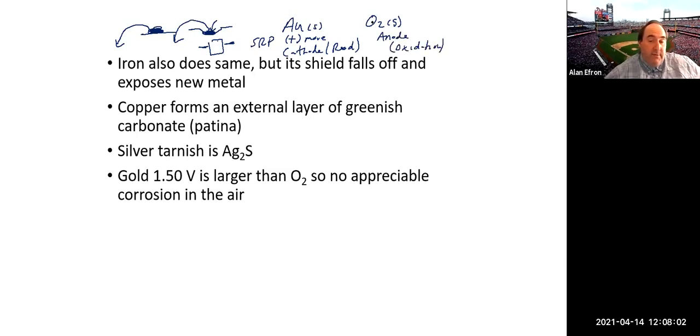So you won't see corrosion occurring with gold metal, because thinking about it in terms of a galvanic cell, our gold is going to be our cathode, while all the bad oxidation is going to occur at the oxygen side.